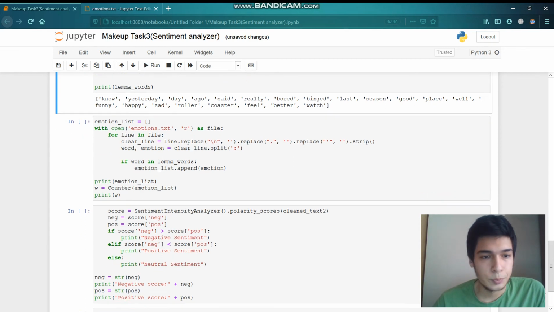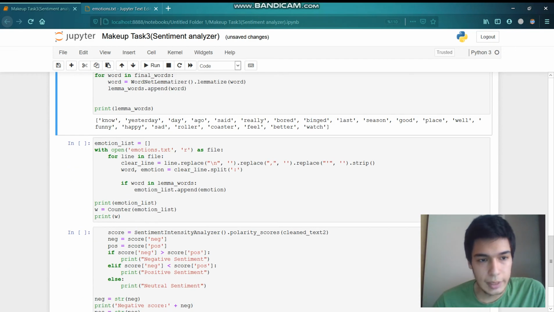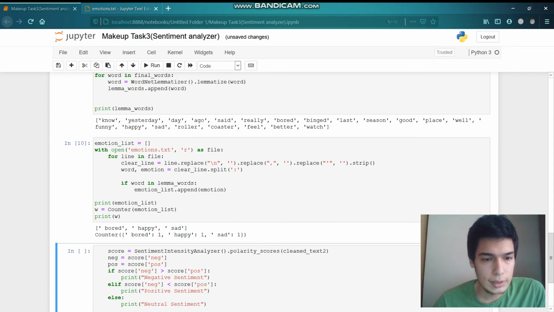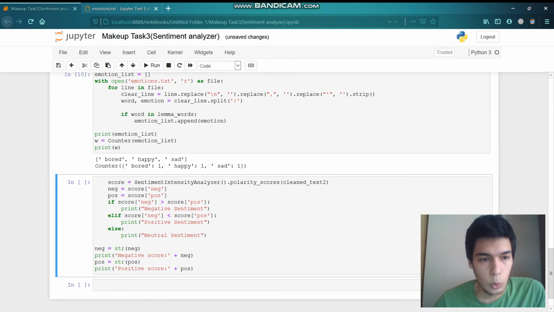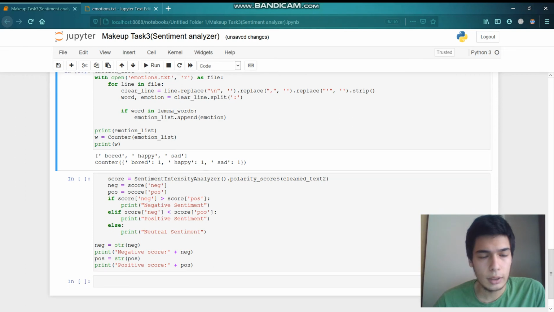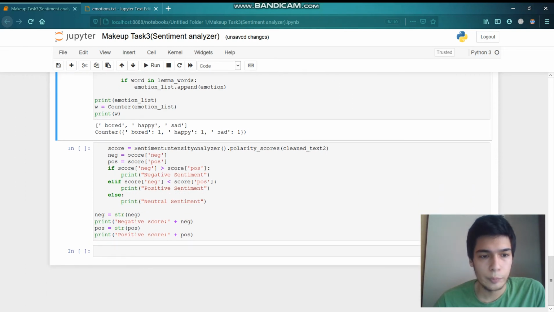Then I did the emotion list as I did in the first text, and I did the same processes. So it told us it has a happy word and a sad emotion word. Each of them has one value.